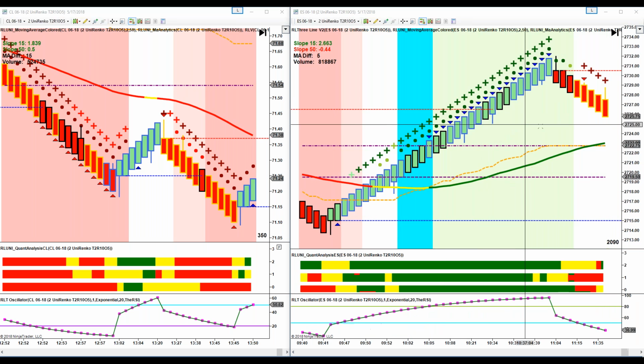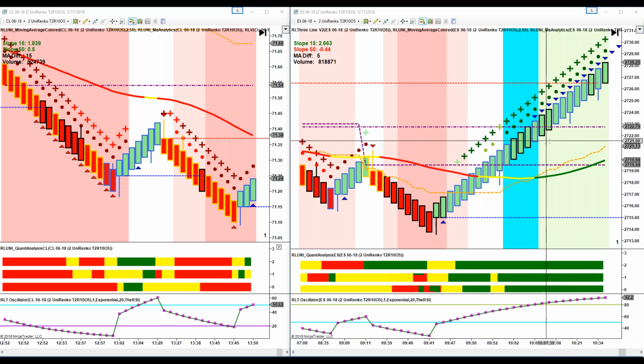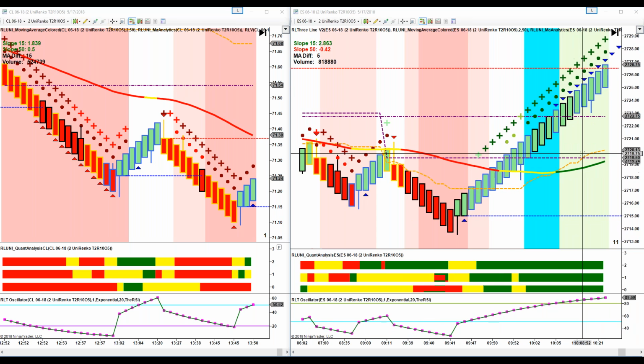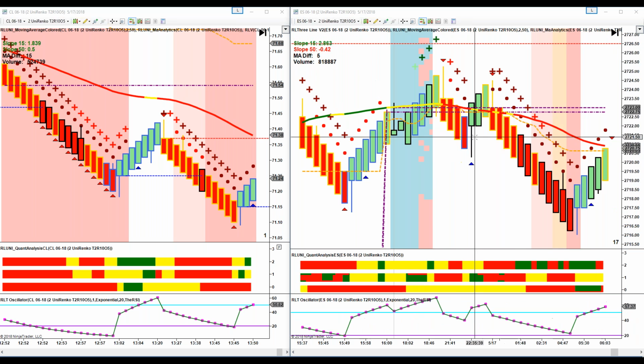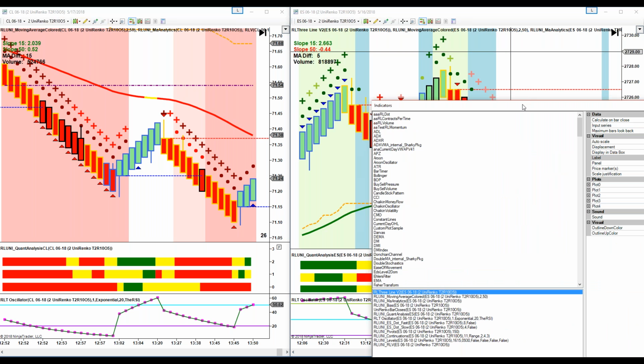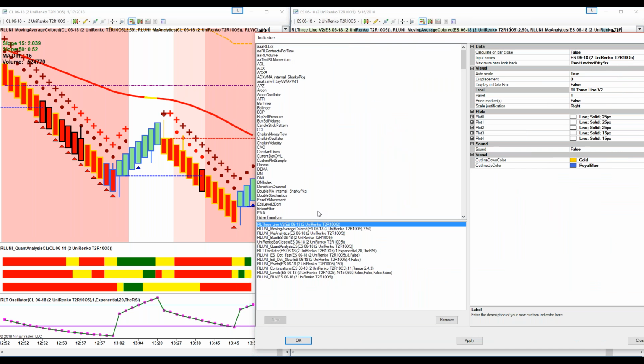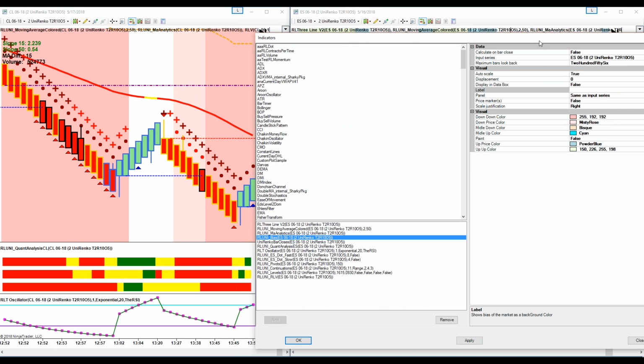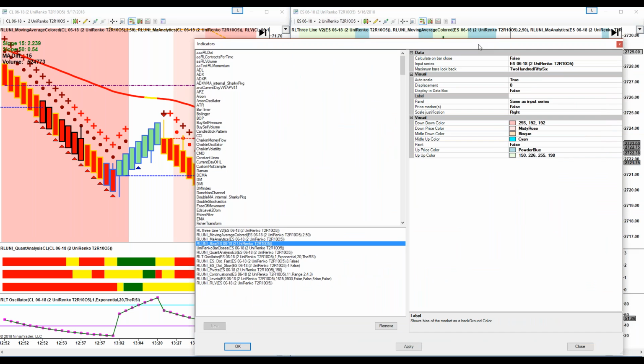Same thing with the green here, exactly the reverse. And if you open up the indicator and you go to the bias, you can see these three colors. Here, the 15 crossed the 50 to the upside, price is above both, and both are green.